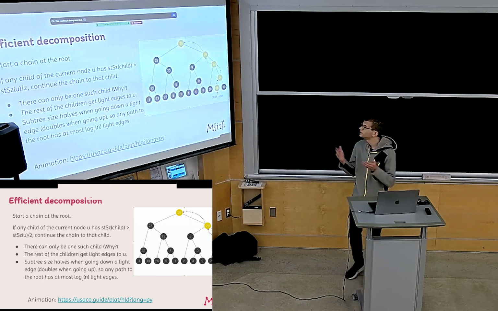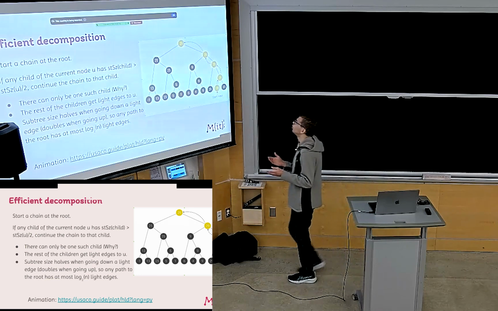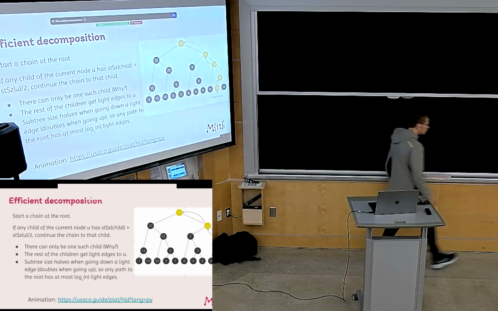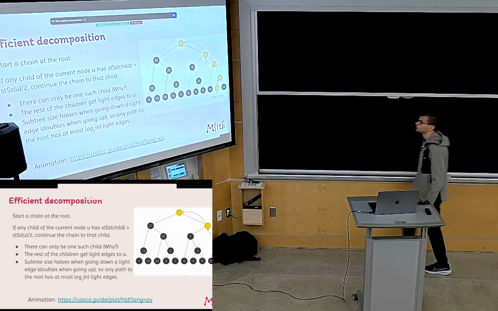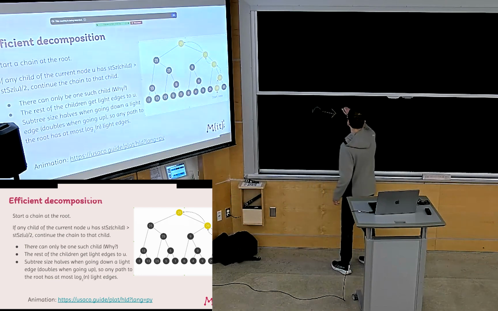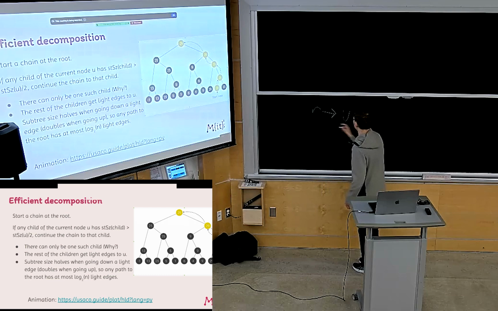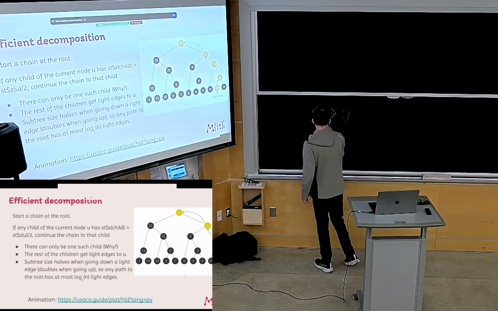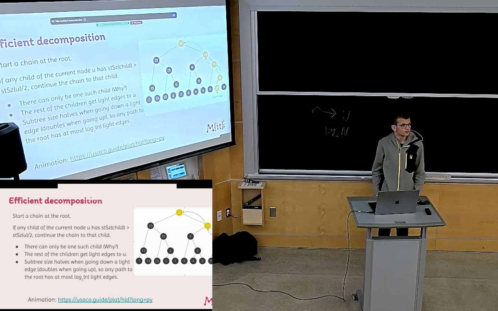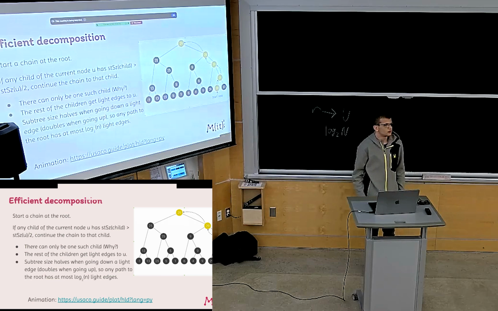So what this means is that on any path from the root to an arbitrary node u, you will have at most log base 2 of n light edges. Does everyone agree with this statement? Or do you guys have questions?